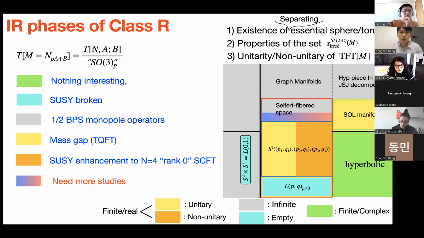But our starting point is the hyperbolic one, and doing exceptional Dehn filling, because I think studying this is more interesting. Starting from the SCFT to get some other manifolds is more interesting.